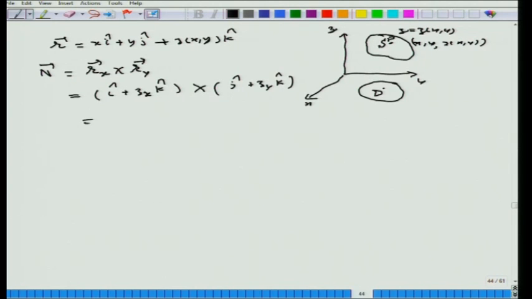So, this is the determinant with rows i, j, k, then 1, 0, z_x, and 0, 1, z_y.